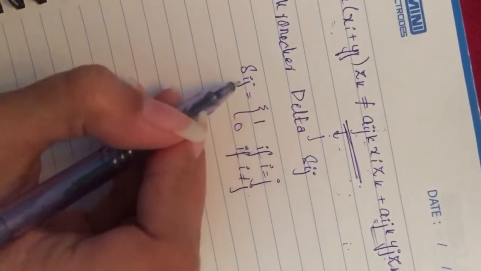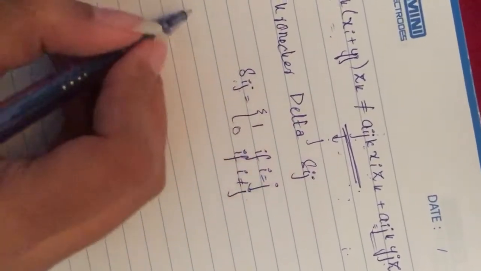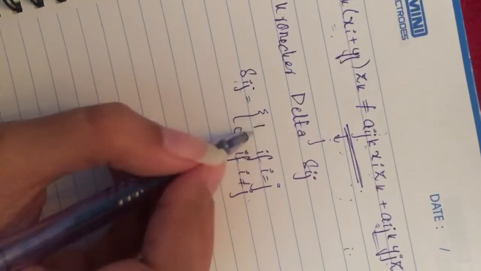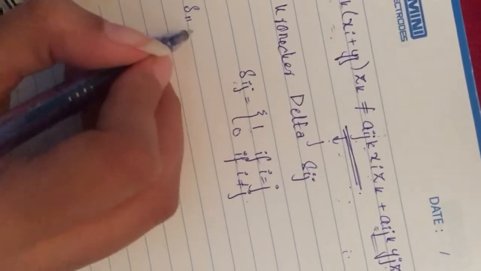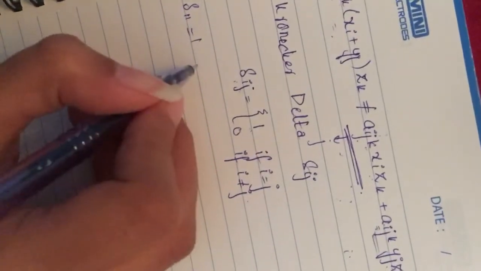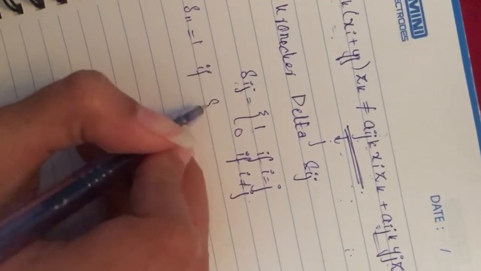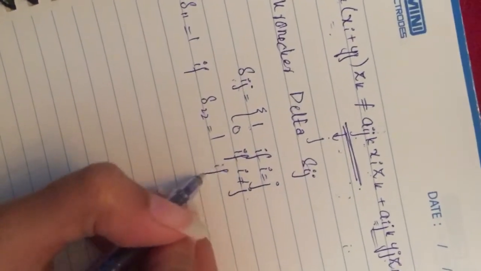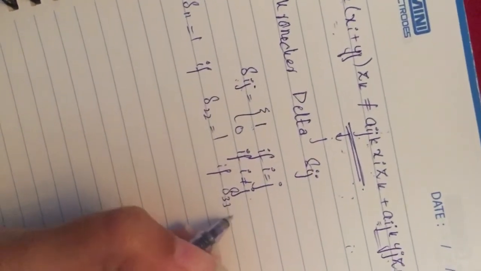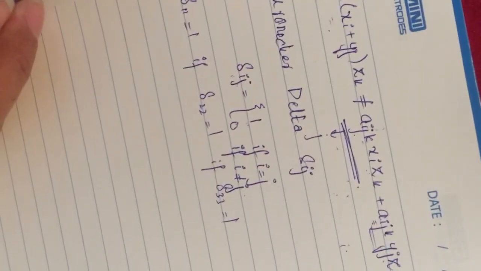That means if these two indices are the same, then the result is equal to 1. If I have del 1 1, the result is 1. If I have del 2 2, that is also 1, and del 3 3 is also 1.